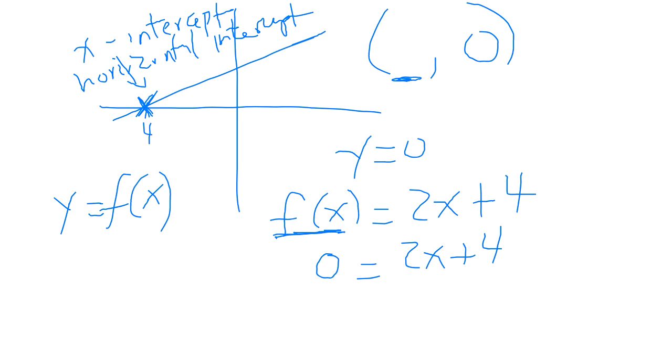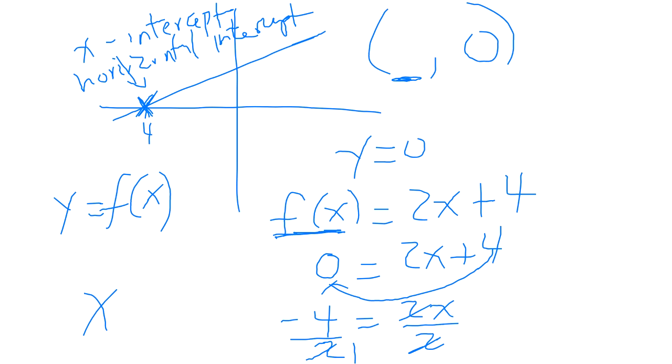So I could do a -4 on both sides, or you move that across the equal sign and it turns to a negative, and then I have my 2x. I divide by 2, I divide by 2. What is x equal to? x equals -2.